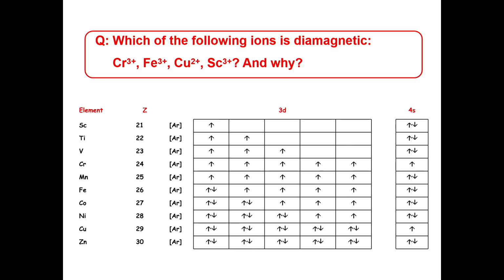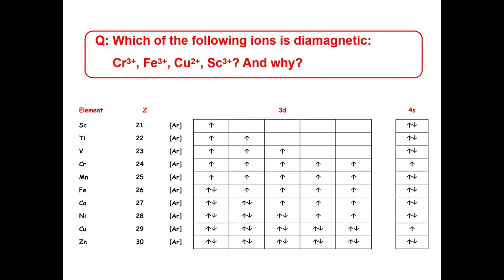So this is the electron configuration of this element. When they become cations, for example, this one loses 3 electrons, so all these 3 electrons will be lost, and it doesn't have single electrons.